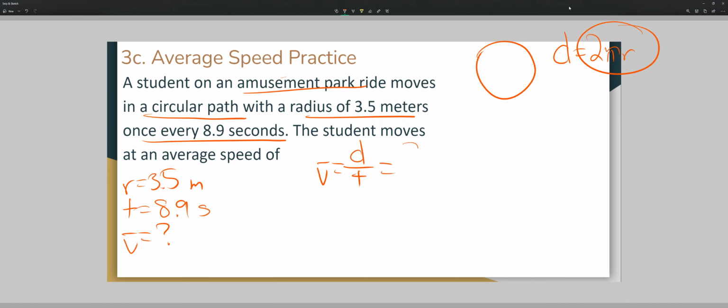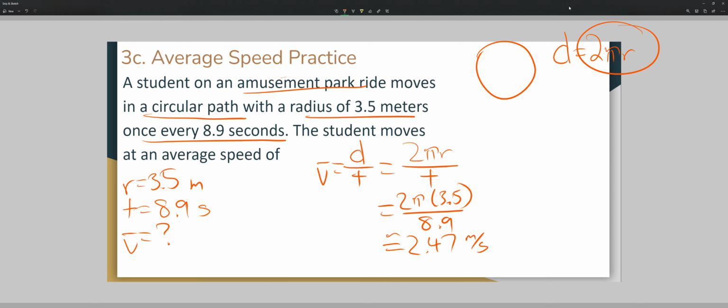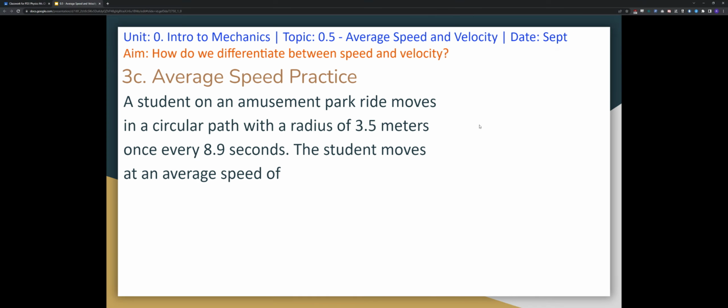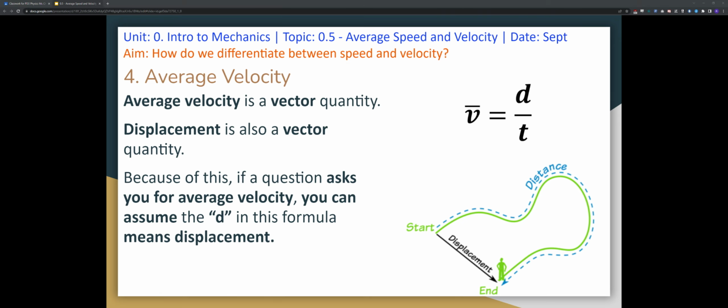So we're going to do 2 pi r, the distance traveled in a circular path, over T. So 2 pi 3.5 over T, which is 8.9. And this gives you somewhere around 2.47 meters per second. And this is your answer. Let's move on.